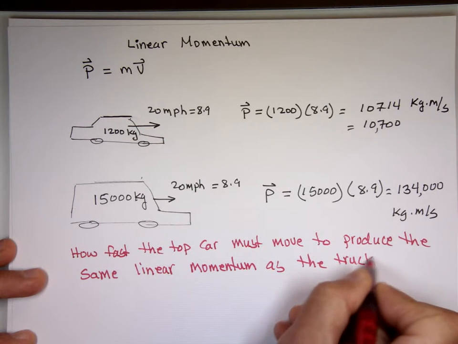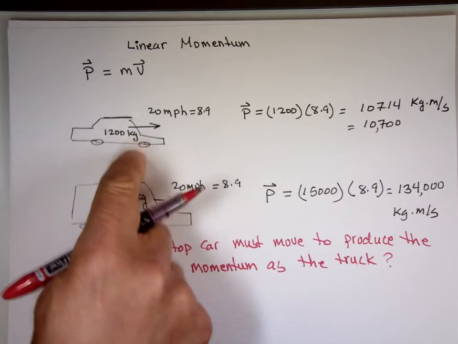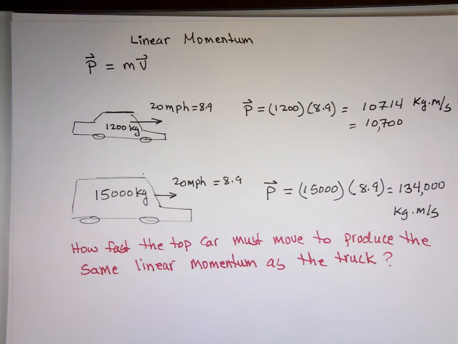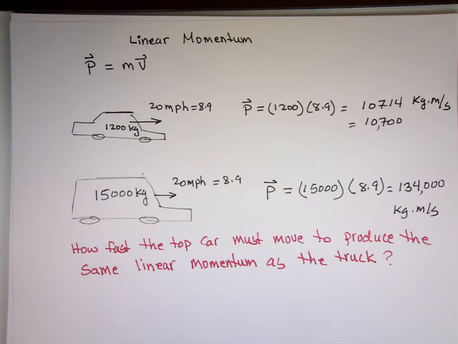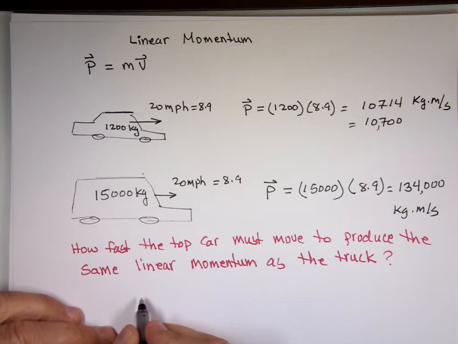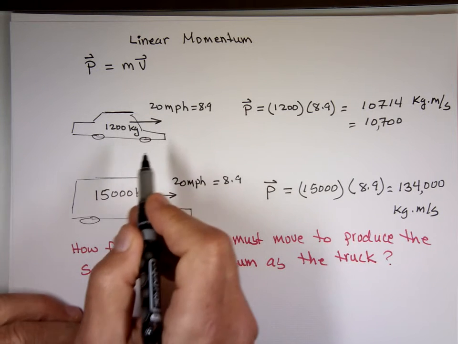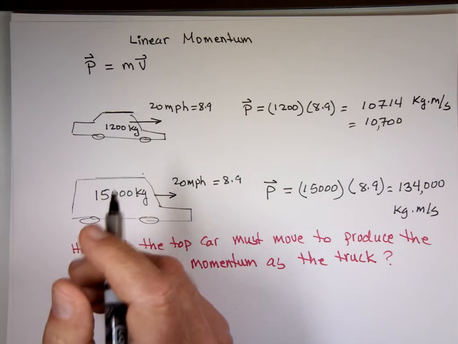We're talking about the car on the top there. How fast does that car have to move to generate that much linear momentum? Because that will give you an idea why the damage is so bad when you see the speed. The speed was 8.9, converting 20 by dividing by 2.24, I think 8.93.